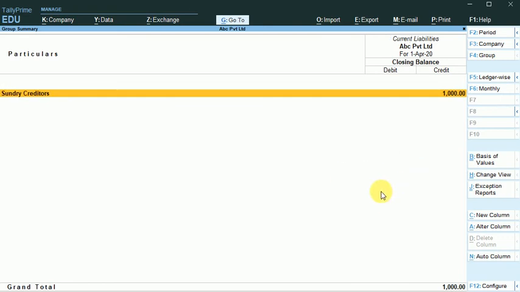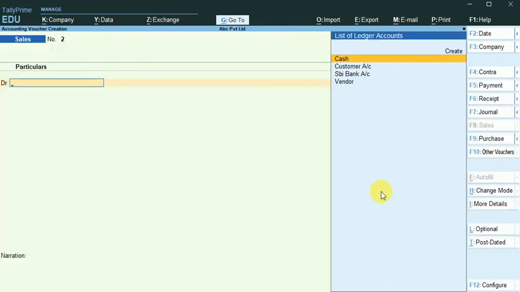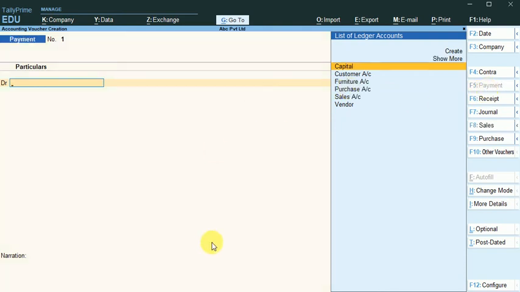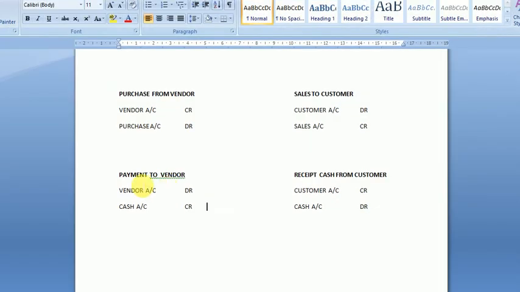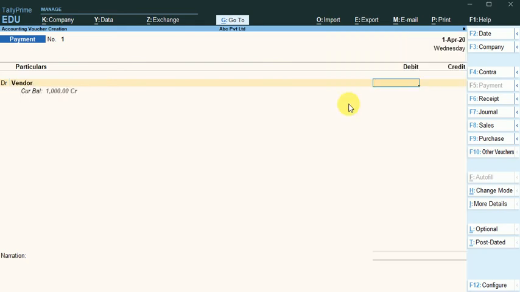So again going into the vouchers. I want to make payment for the purchase I have made. The payment entry should be: the payment to the vendor will be debited and cash account will be credited. So the vendor account will be debited for 1000 rupees.